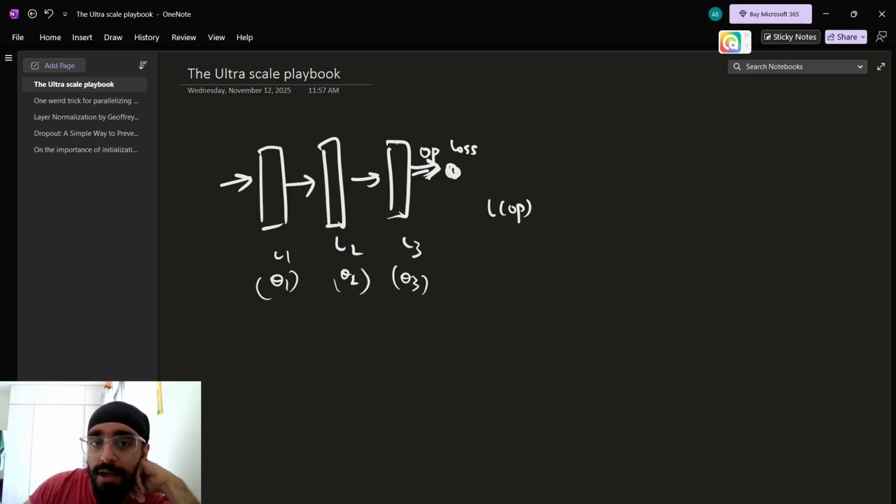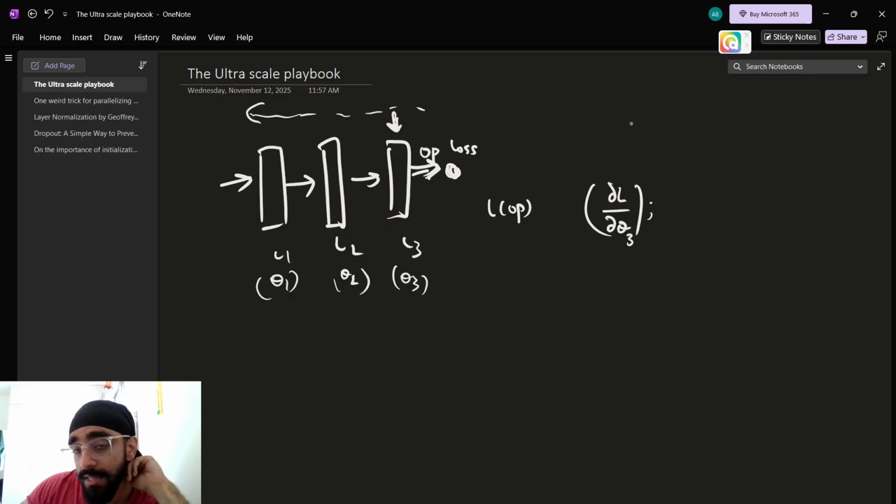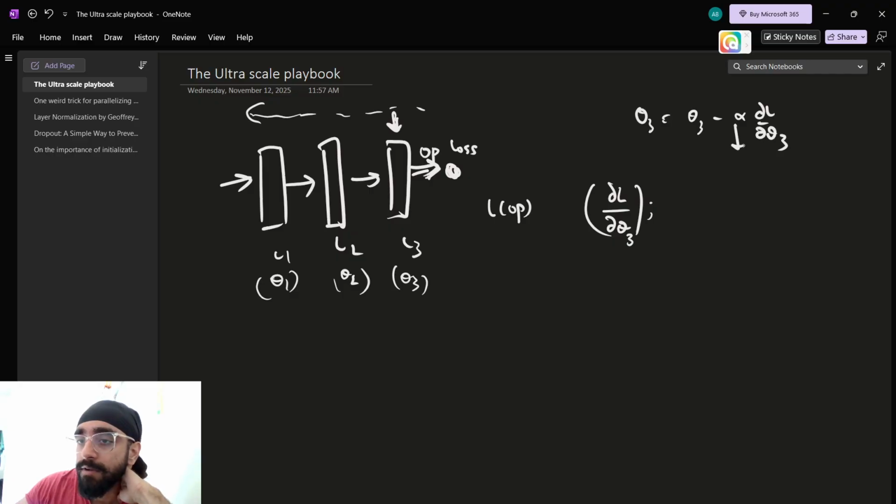So when we are backpropagating and we are at this layer, we'll want dL/dtheta3, because once we have dL/dtheta3, in the weight update step we will do something like theta3 = theta3 - (learning rate times dL/dtheta3), where this is the learning rate. So this is a simple optimization step, the optimizer step.